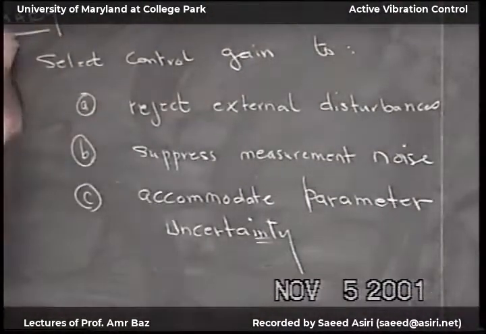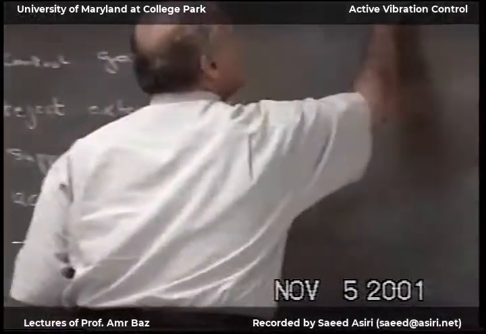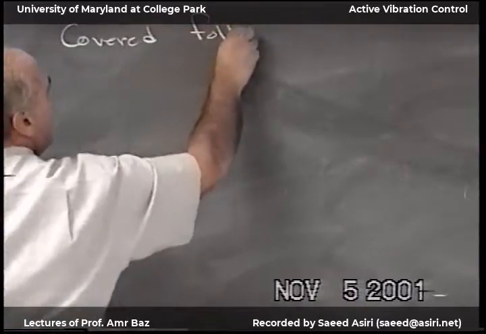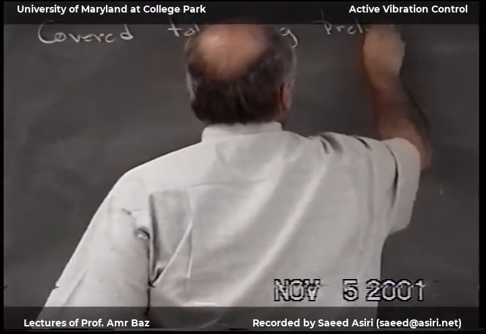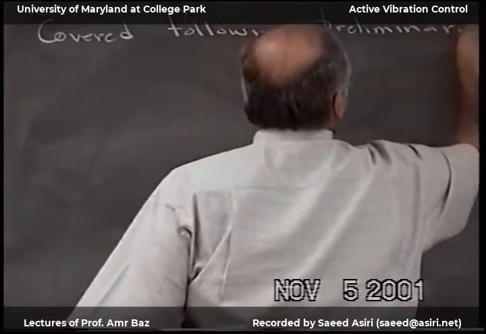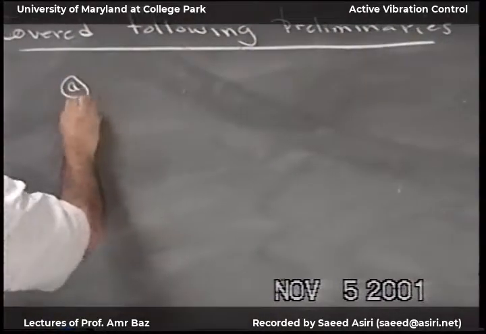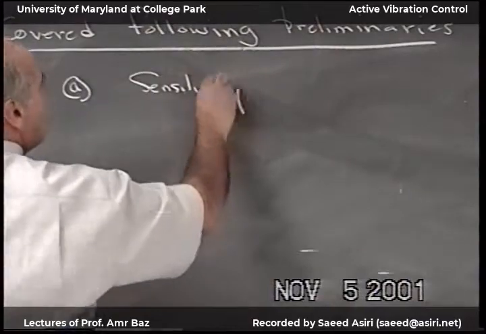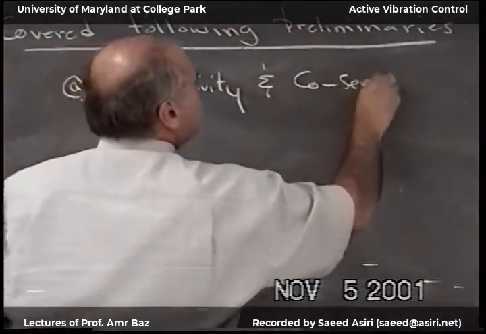Okay, so this is the main topics, and we covered the following preliminaries. Number A, the sensitivity and co-sensitivity.